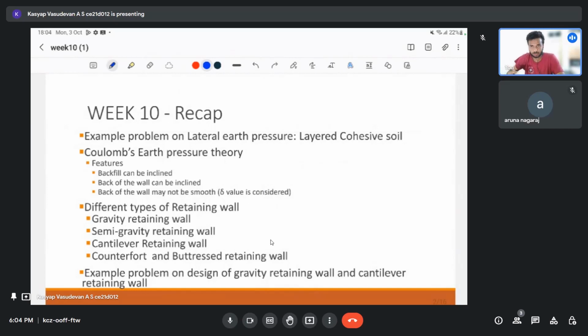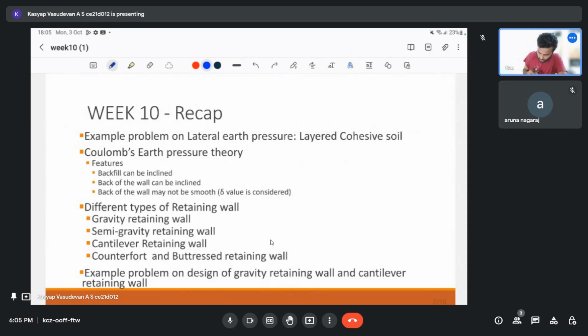We assumed our backfill as horizontal, and also the back of the wall was supposed to be vertical, and there was no friction between the wall and the soil. So Coulomb incorporated all these things, and he did a normal static analysis, taking the failure wedge as a rigid body.